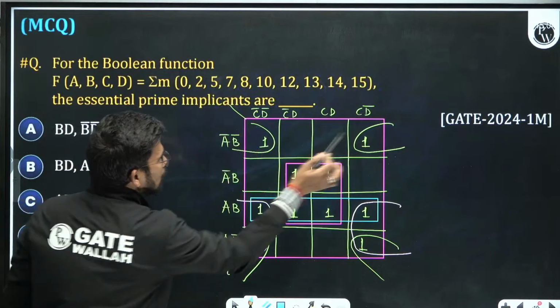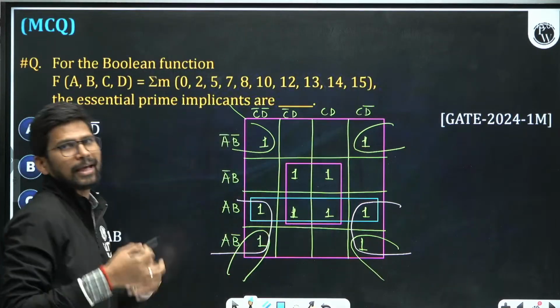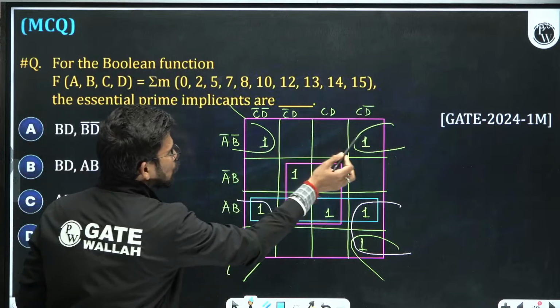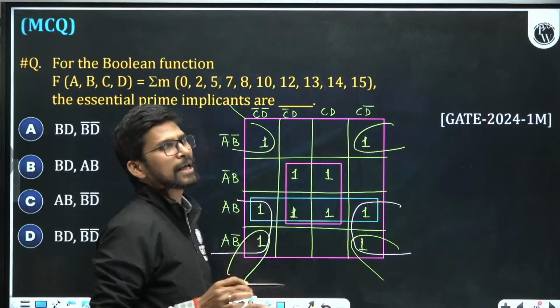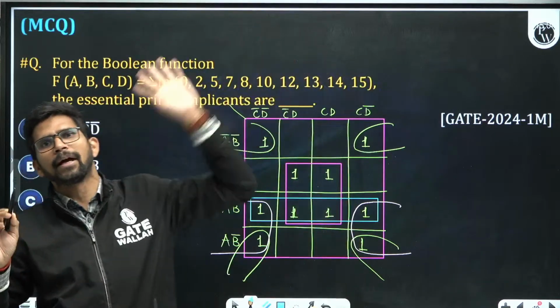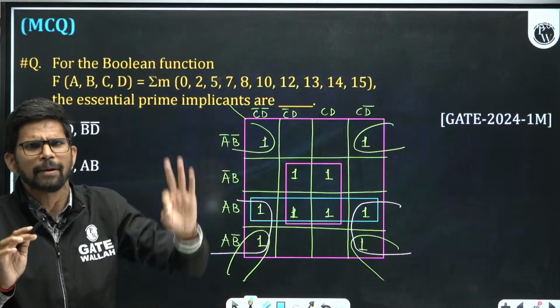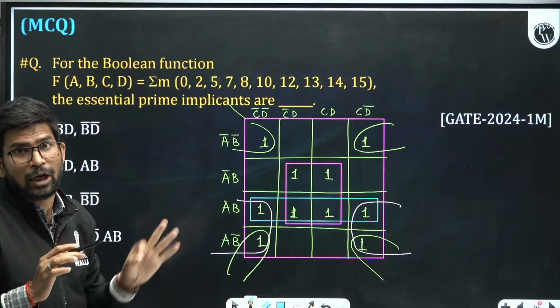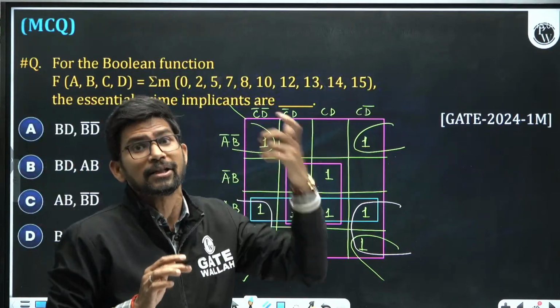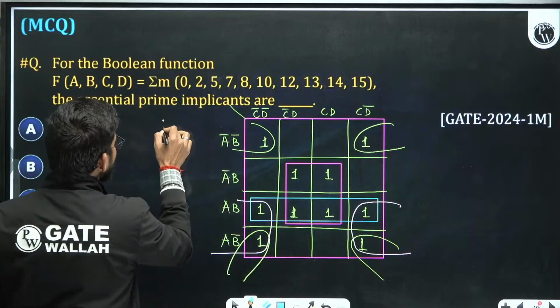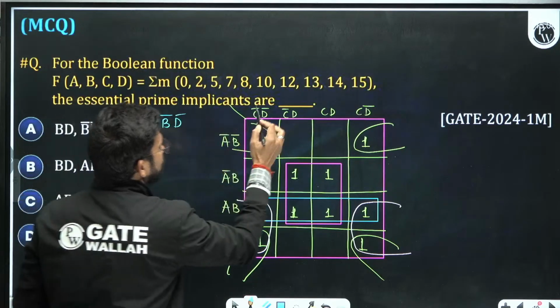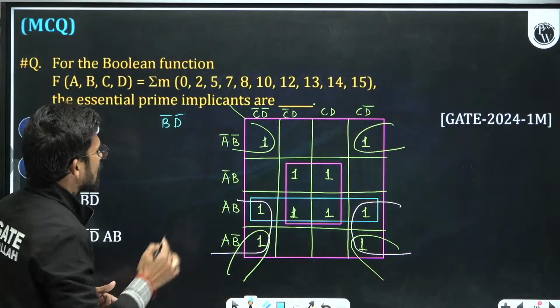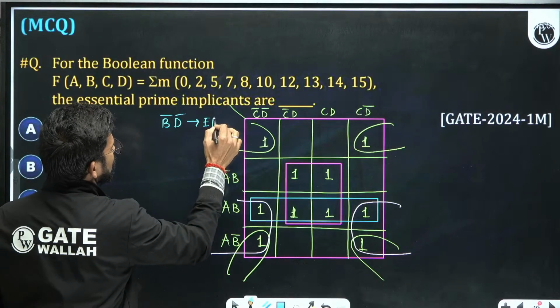Now this corner quad is a prime implicant because it cannot be combined further. Here these two ones will only be covered by this prime implicant. So this is definitely an essential prime implicant. Now I am checking one by one which prime implicant is essential. So this corner one is B bar D bar, from D bar here and B bar here, an essential prime implicant for sure.